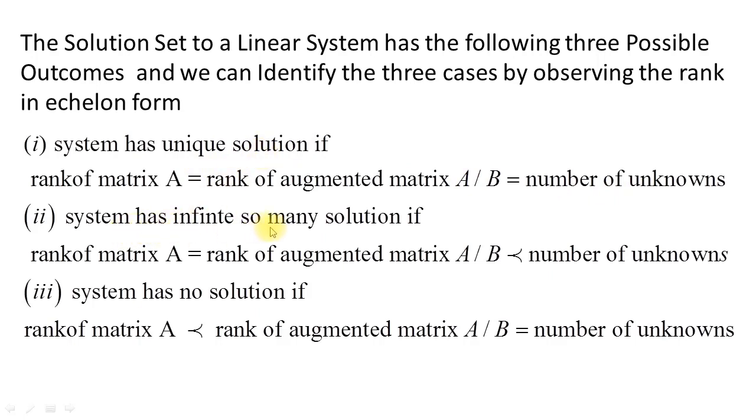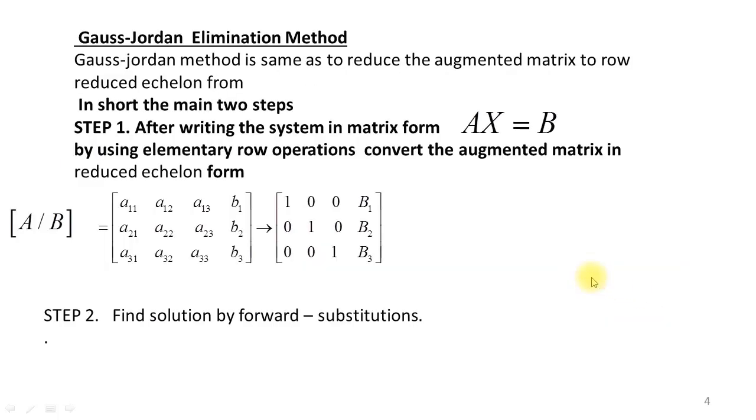And system has infinitely many solutions if rank of matrix A is equal to rank of augmented matrix and less than number of unknown variables. And the system has no solution if rank of matrix A is less than rank of augmented matrix, and the rank of augmented matrix is equal to the number of unknown variables.